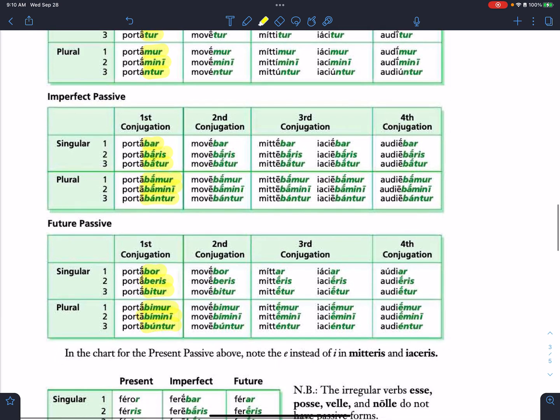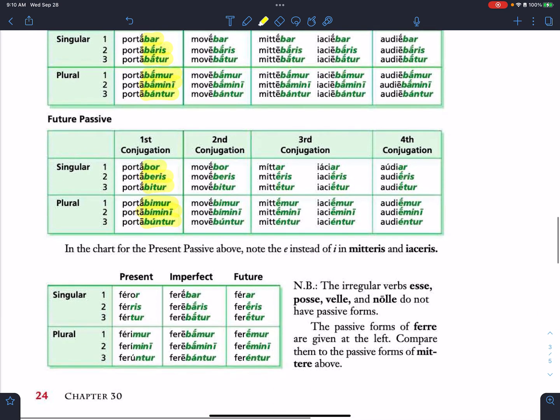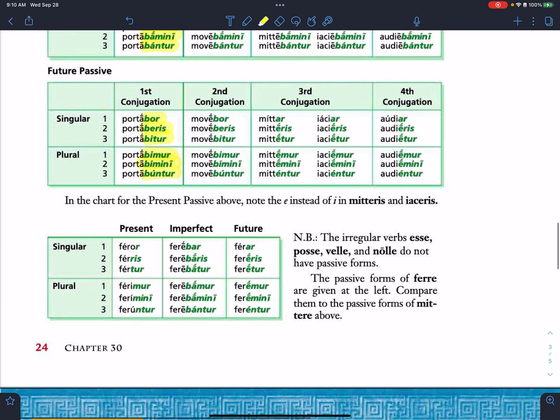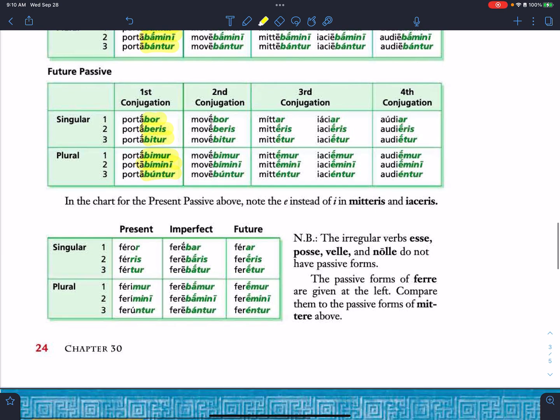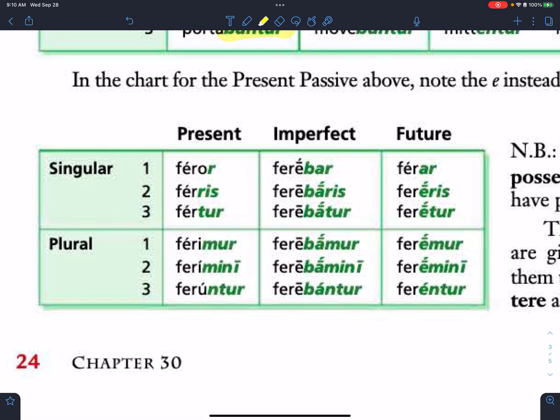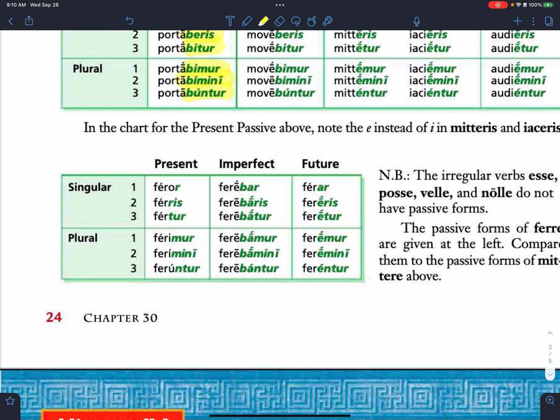Now let me show you one thing. You might want to know these: fero, ferre, tuli, latus. Do we remember fero, ferre, tuli, latus? What does that mean? To carry, bring, or bear something, right?